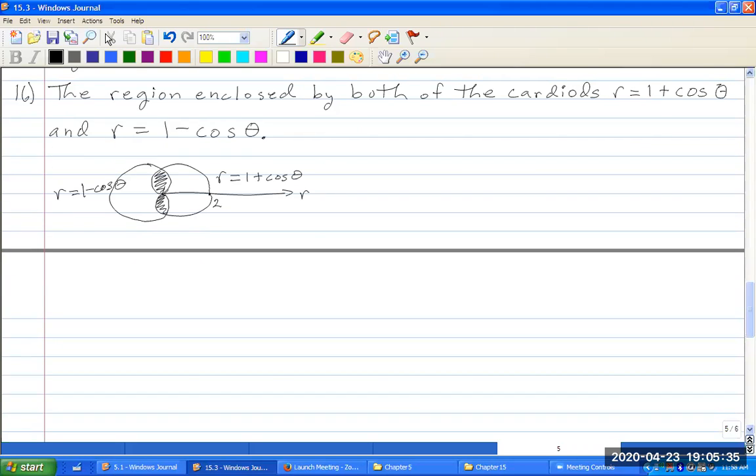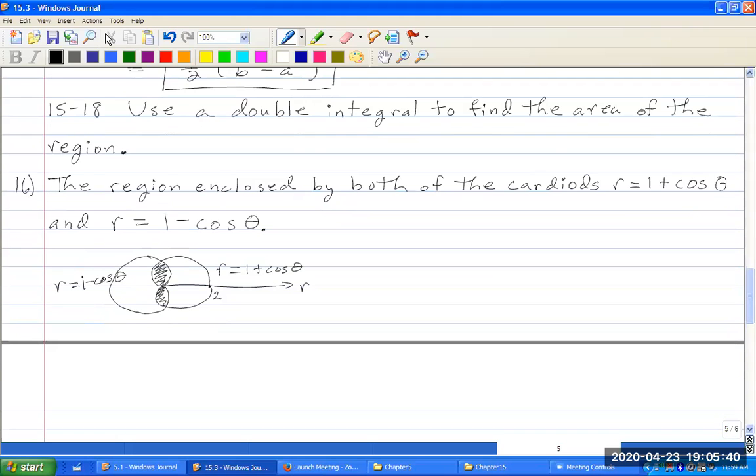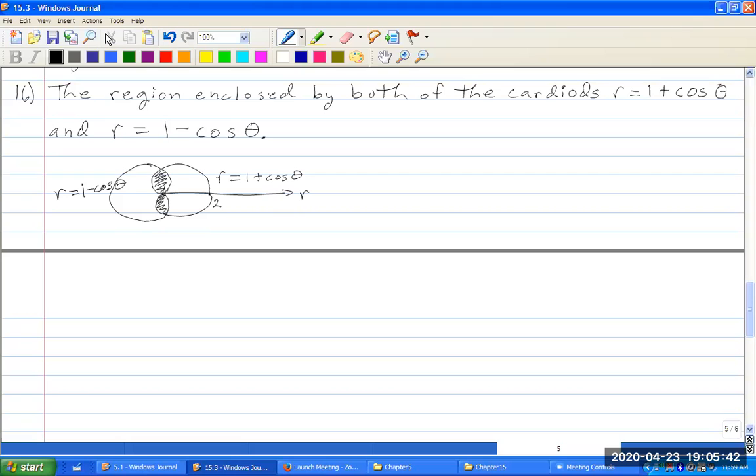Okay, so problem 16, the region enclosed by both of the cardioids, 1 plus cosine theta. Again, a cardioid looks something like this. So it goes like this. And 1 minus cosine theta. So it starts here, goes like that, like this. So again, they look basically like hearts.